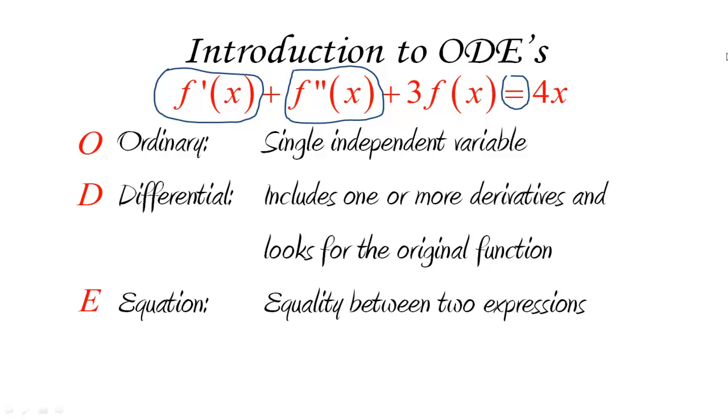You can have a differential equation without having the function explicitly mentioned, or even the variable. Right now we have an x in there. That variable doesn't have to be in there. So the equality and the derivatives are the two essential elements. It is an ordinary differential equation because we only have one single independent variable.